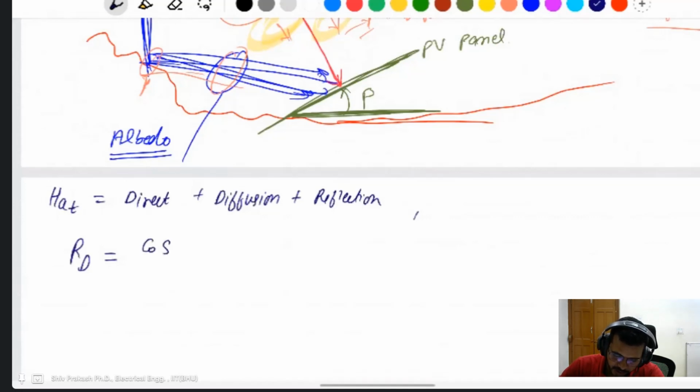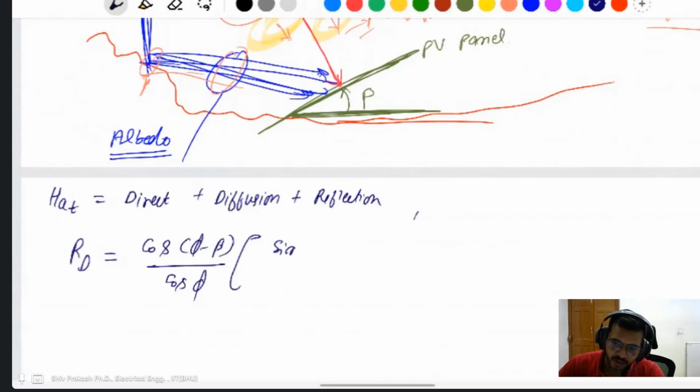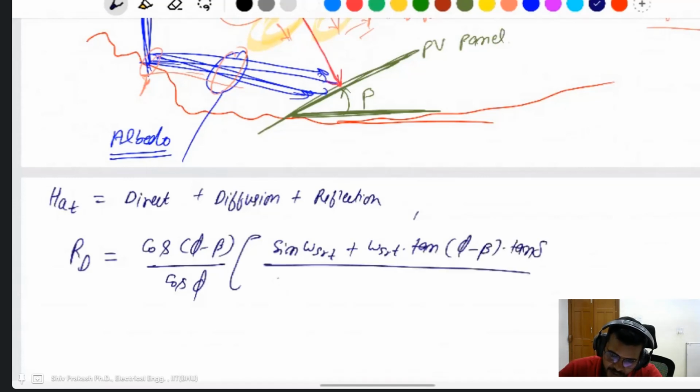I have calculated it as cos(phi minus beta) divided by cos phi, into sine omega SRT plus omega SRT into tan(phi minus beta) into tan del, divided by sine omega SR plus omega SR into tan phi into tan del.